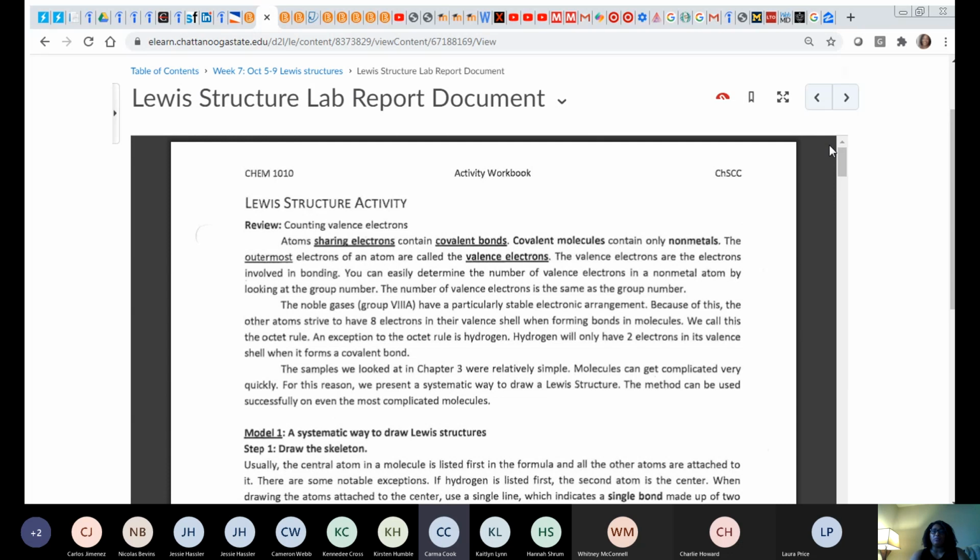But there's no problem with the documents, not that I'm seeing, and I haven't heard about any problem until now. And like I said, there were 3 lab sections that met yesterday. Okay.